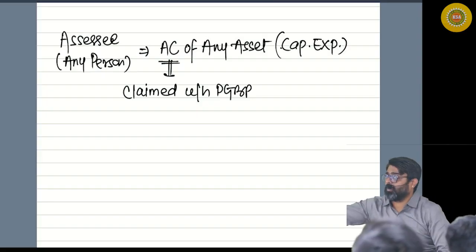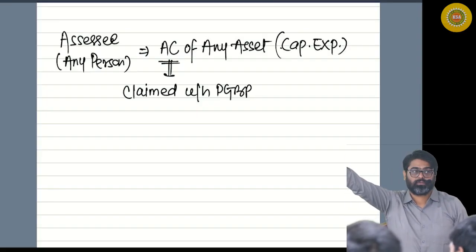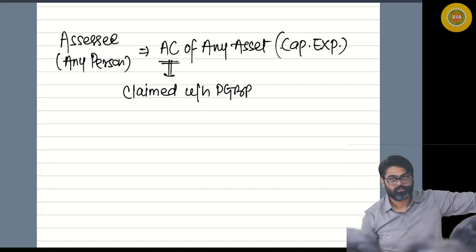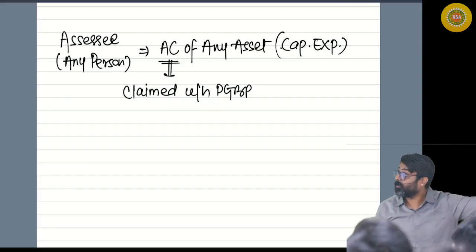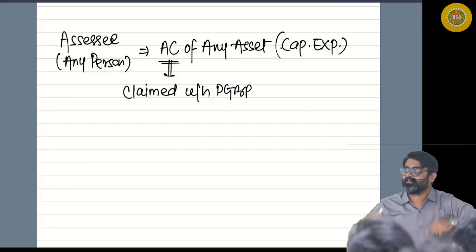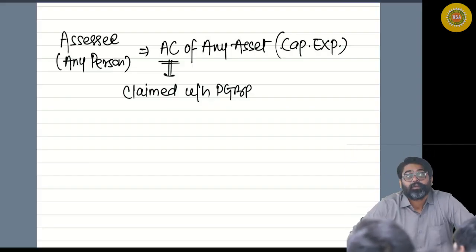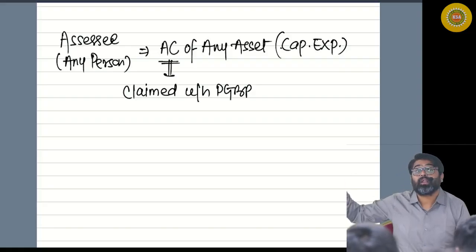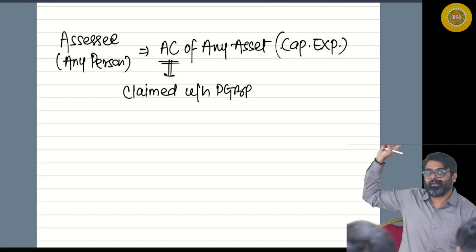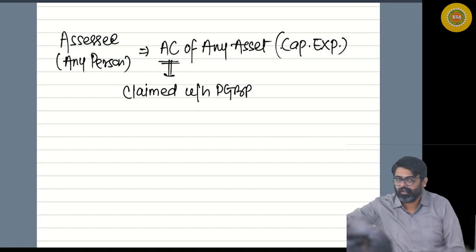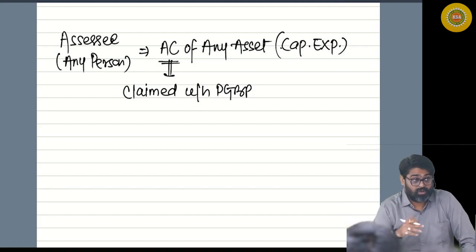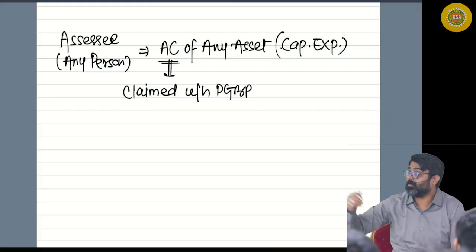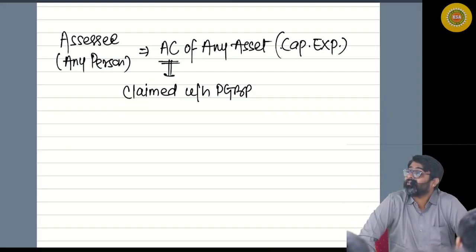If some section specifically allows this actual cost fully, then it can be claimed fully. Like section 35AD, which says that actual cost of the assets purchased for the specified business will be allowed fully.